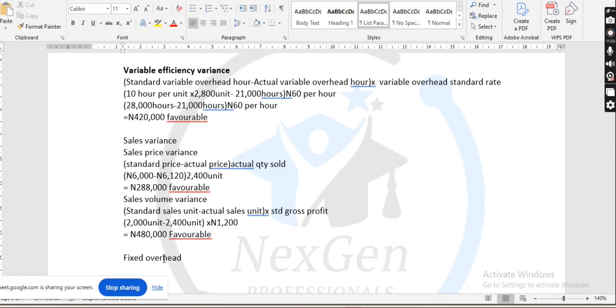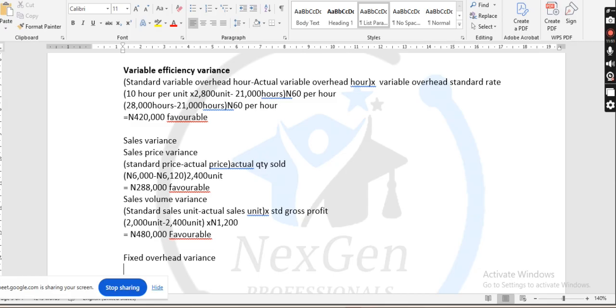Any other question? Fixed overhead variance is given in this question. Hello, sir, can you hear me? Yes, go ahead. From this question, let's say we are to use contribution if the company adopts marginal costing. Can we say our contribution is 1.5?